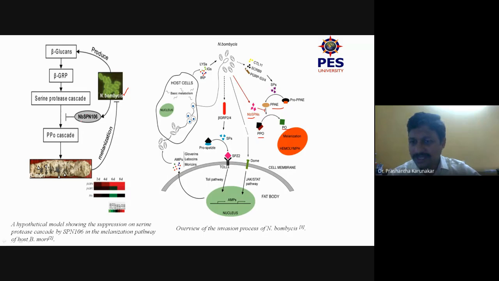This Nosema bombycis serine protease inhibitor, SPN106, is a protein, and this is blocking this cascade. So we need to block this inhibitor so that it will not block this cascade. So we have to design an inhibitor to this inhibitor, so that this cascade melanization process will happen as a normal one.